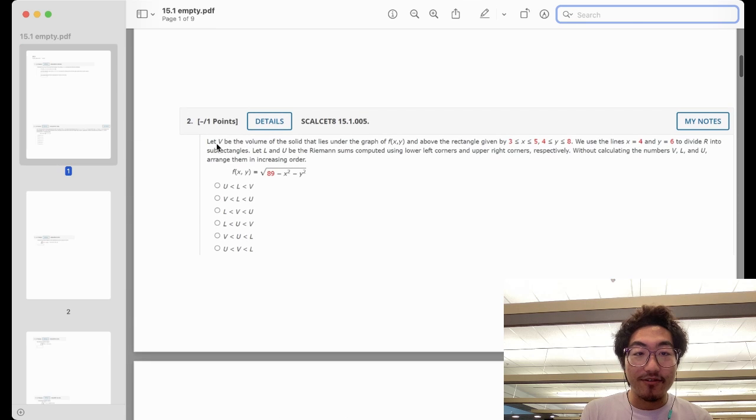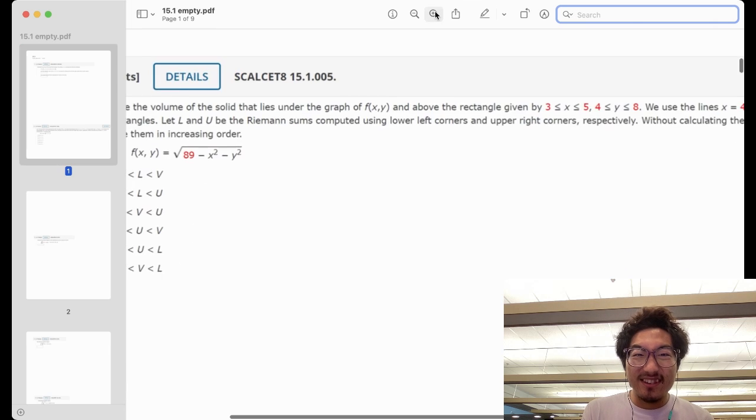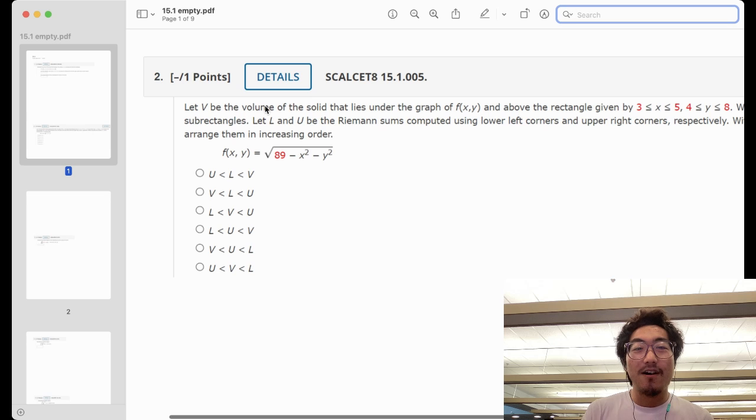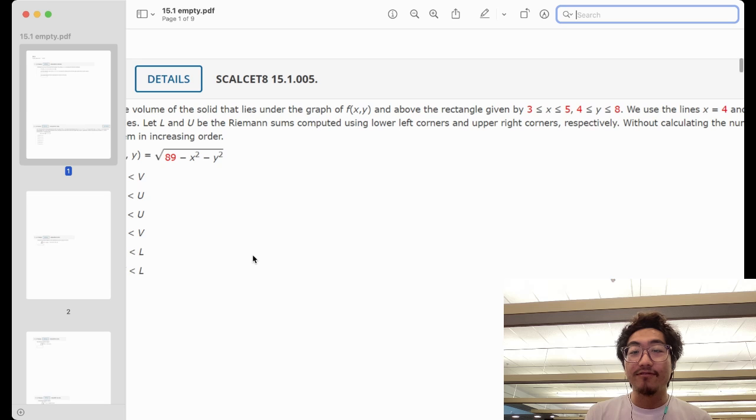For number 2, let V be the volume of the solid that lies under the graph of this multivariable function and above the rectangular region R, given as 3 to 5 for x and 4 to 8 for y.